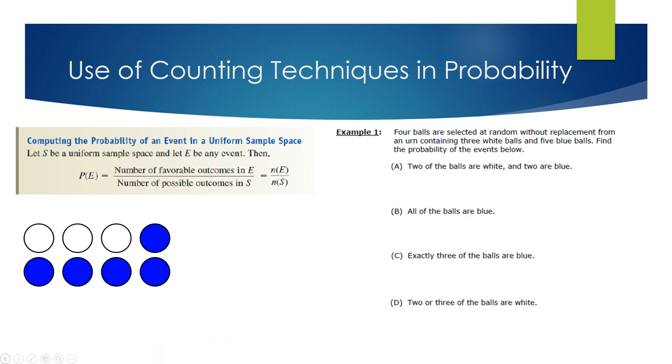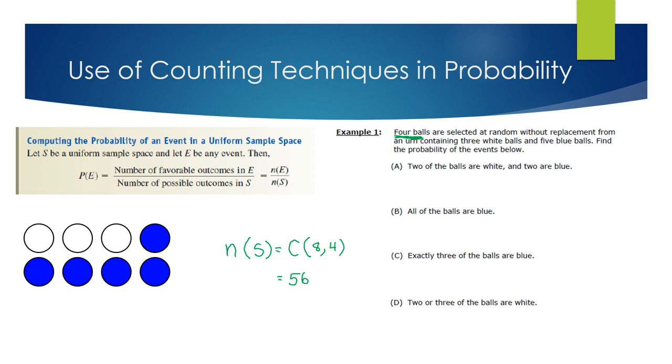So I know 4 balls are being selected. I know there's 3 white and 5 blue, so there's 8 balls in total. So basically my sample space number is going to be the combination of me selecting 4 individuals from 8. And that's going to give me 56. The order doesn't matter, it doesn't matter which order I choose whichever ball, but I do know I'm picking 4 out of the 8.